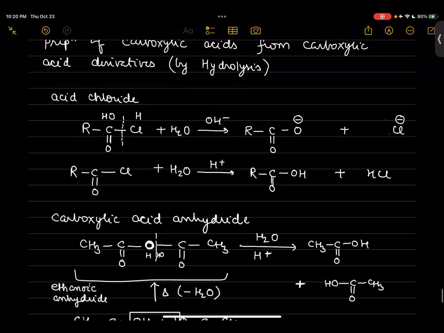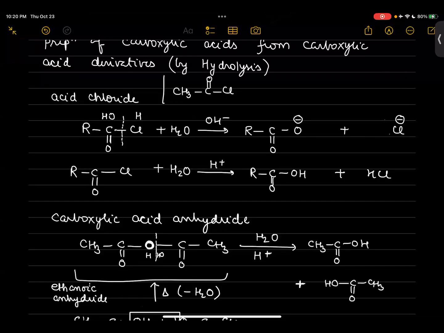And what's the name of this acid chloride? That name also we can discuss because it is also part of NCERT. So what is the name of this acid chloride? Acetyl chloride, exactly. That is the common name, very common, equally important. Similar to IUPAC, but not IUPAC.